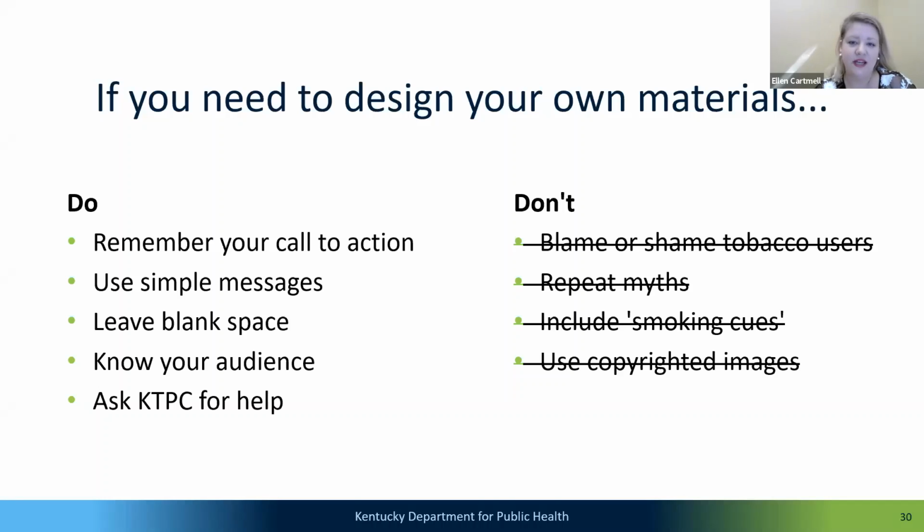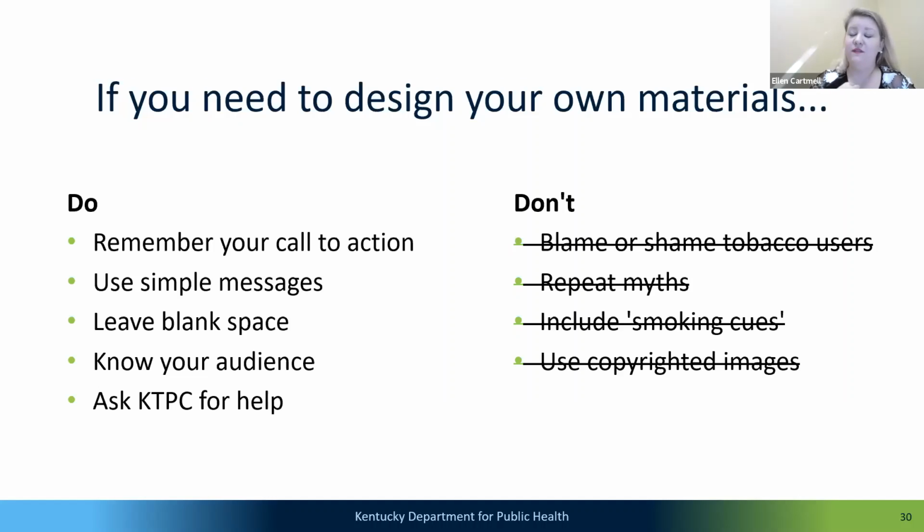The next don't is don't include smoking cues. A smoking cue would be anything that visually reminds somebody of smoking. So that would be like an ashtray, a cigarette, a lighter, a cigarette butt, things like that. Again, we can use these in prevention messaging, but not when you use them in cessation messaging, or messaging that's trying to help people quit.